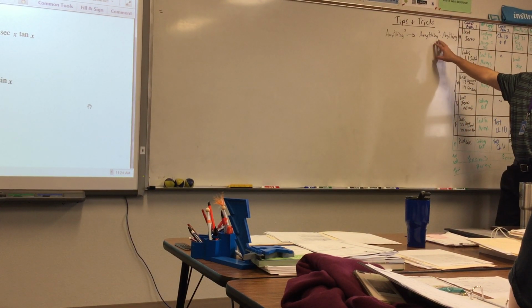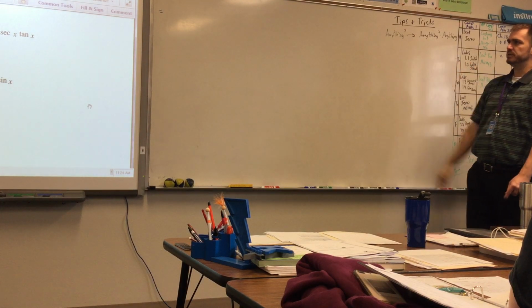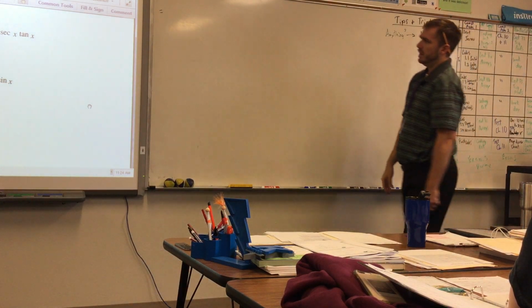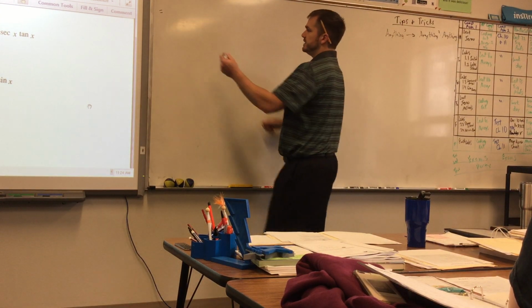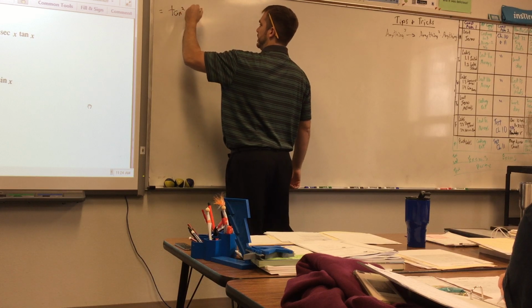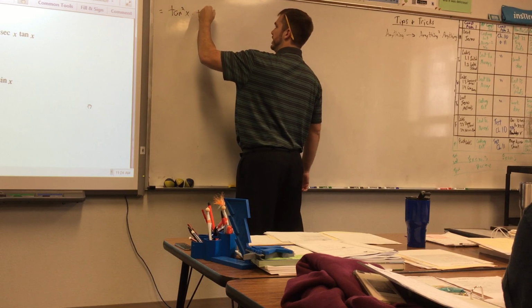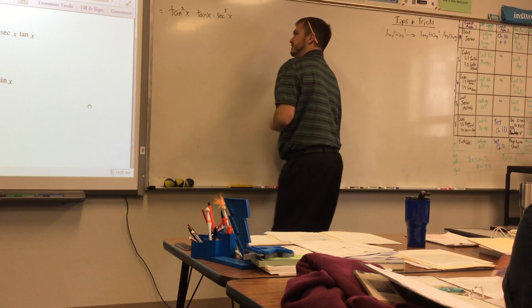The reason being is we have quite a lot of formulas and identities that deal with something squared, but not any dealing with the cube. So we'll kind of use that as our basis here. We'll turn that tangent cubed into a tangent squared x times the tangent x times the secant to the fifth x.